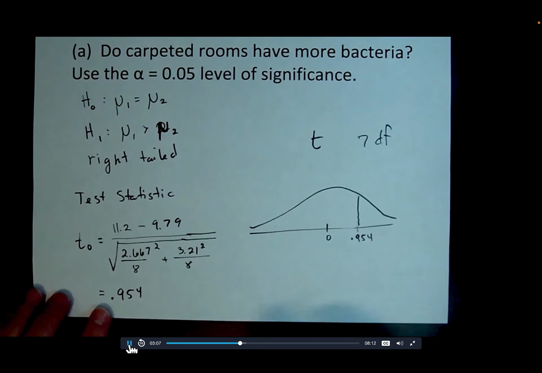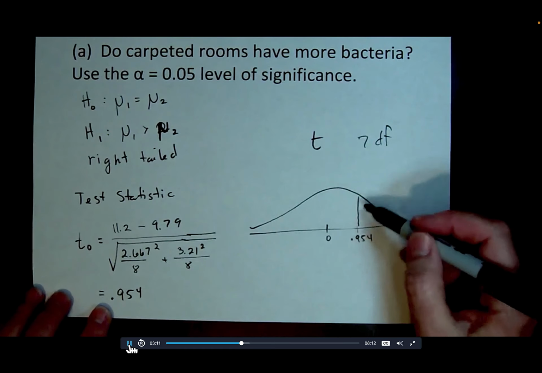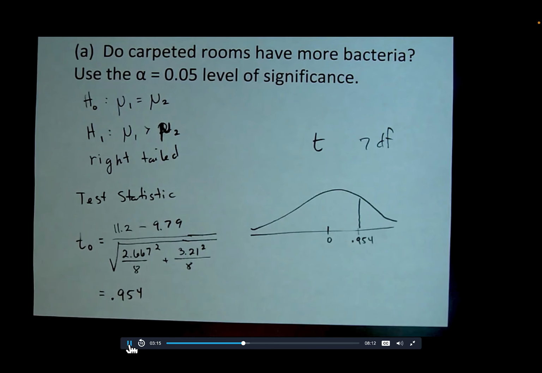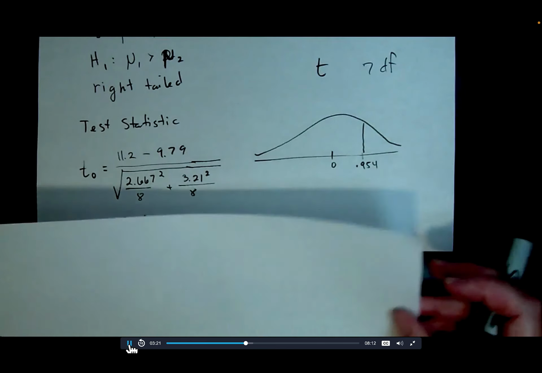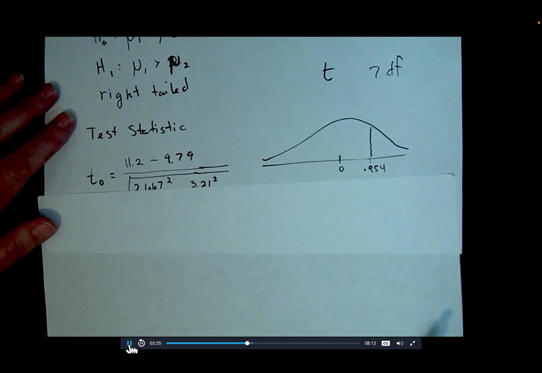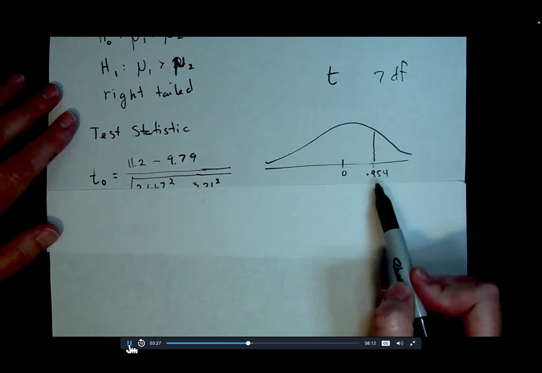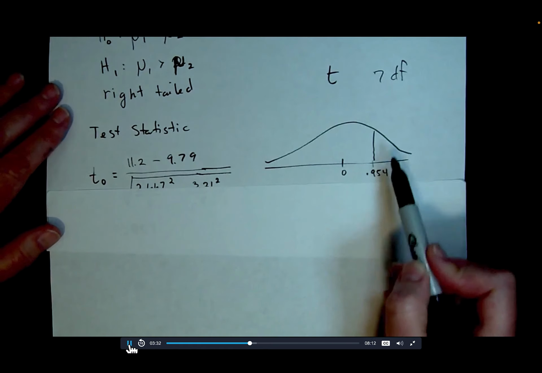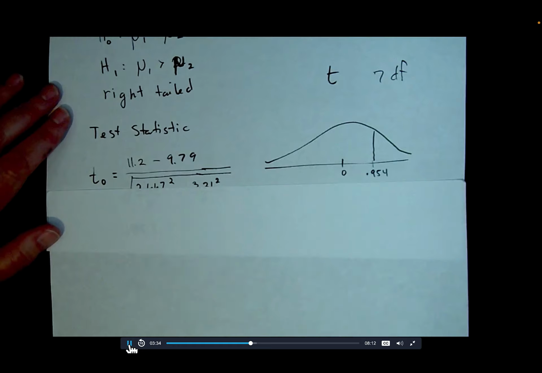Okay, so looking at the table, when you look at the table for 7 degrees of freedom, you're not going to find t-value 0.954 in there. So far what I've been doing is I've just been picking the t-value that's closest to the one I want and saying, okay, my area is approximately whatever I got there.